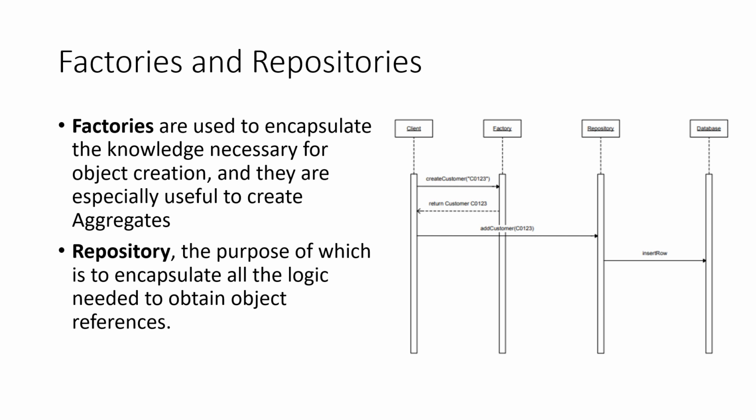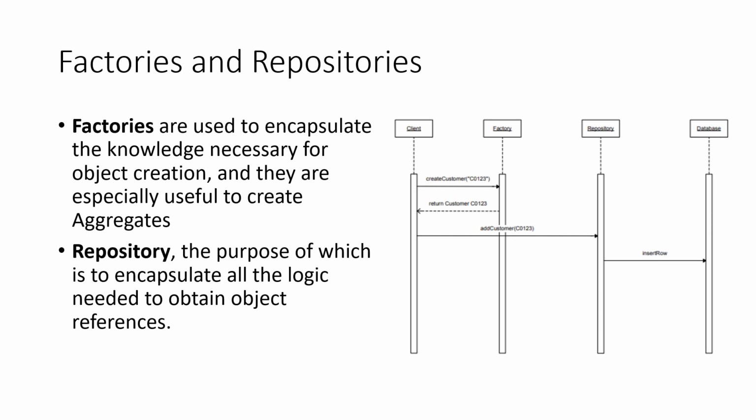A repository's purpose is to encapsulate all the logic needed to obtain an object reference. The domain objects don't have to deal with the infrastructure to get the needed references to other objects of the domain. They will just get them from the repository. The repository may store references to some other objects. When an object is created, it may be saved in the repository and retrieved from there for later use.